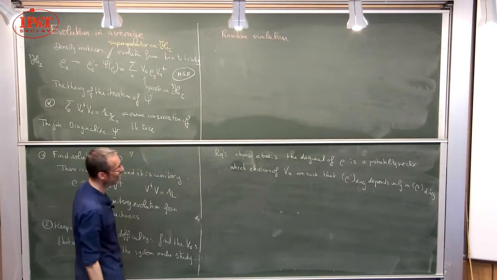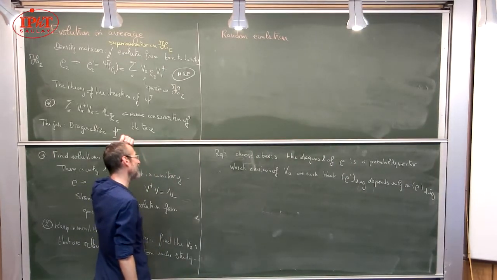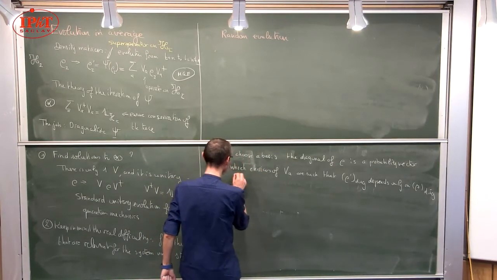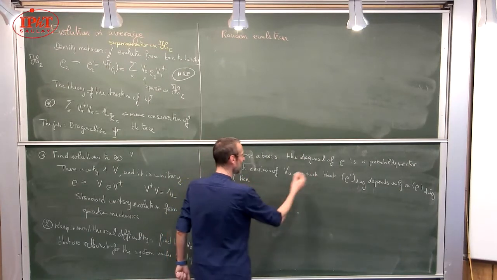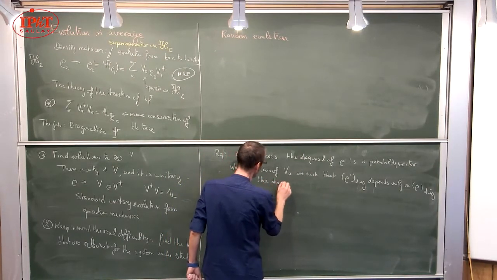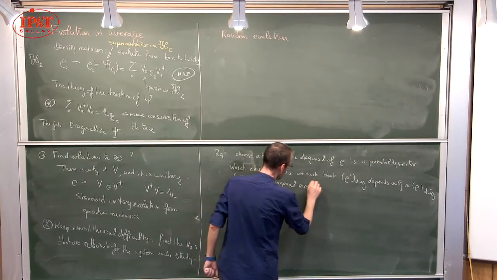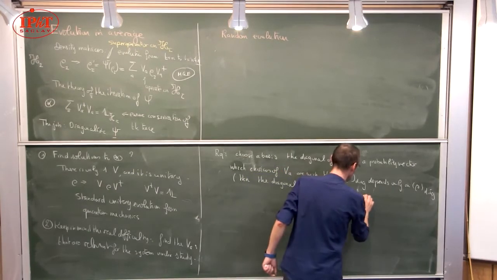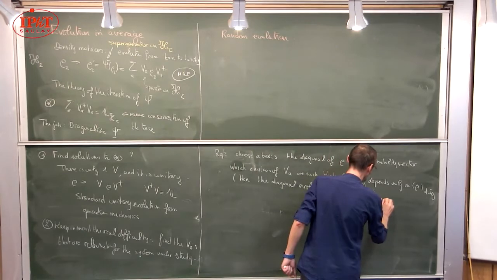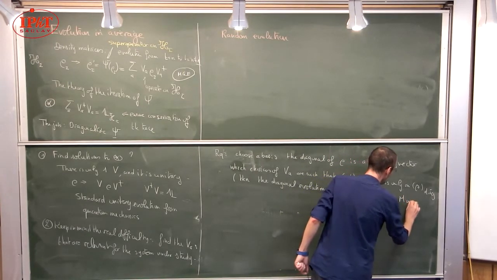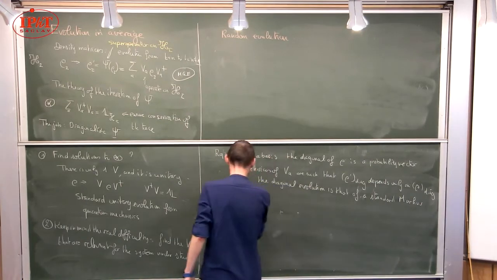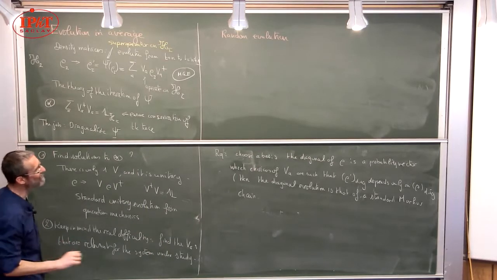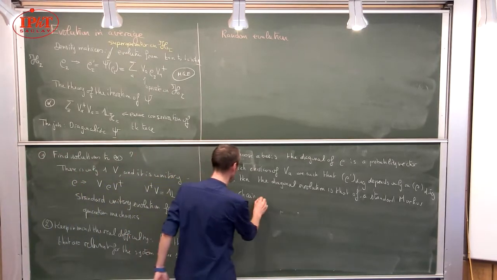This is a good question, and it's quite general, but you can think about it for yourself, and then you will discover that the diagonal evolution is that of a standard Markov chain. And conversely, you can realize any Markov chain that way if you want.